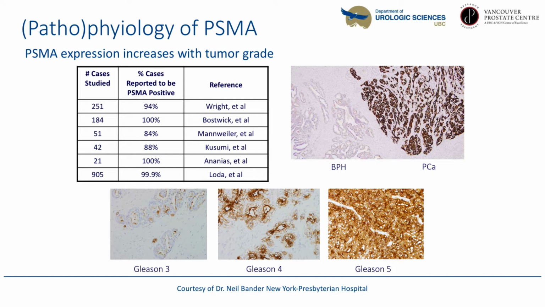You can see that in BPH, there's rarely an expression, especially compared to prostate cancer. And on the bottom, you can see the progressive expression with the Gleason score: not that many in Gleason pattern 3, more in Gleason 4, and quite a lot in Gleason 5.